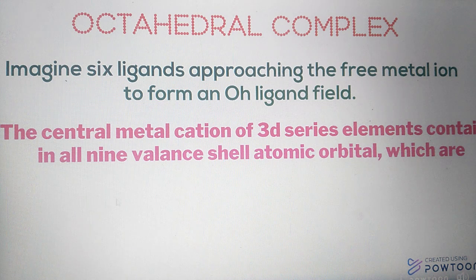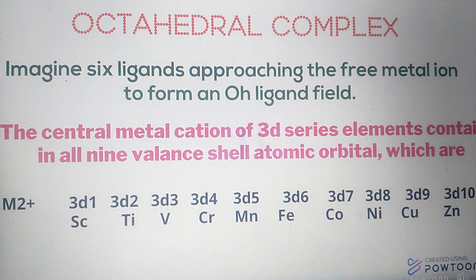As we know, the central metal cation of the 3d series elements contains in all 9 valence shell atomic orbitals. This is the first row of the transition series: 3d1 scandium, 3d2 titanium, 3d3 vanadium, 3d4 chromium, 3d5 manganese, and up to zinc.